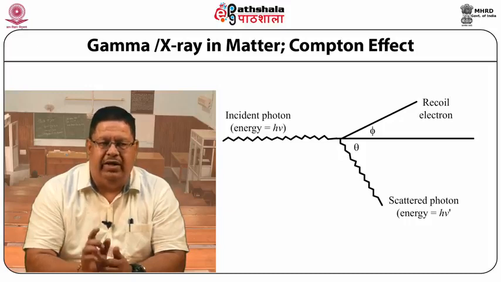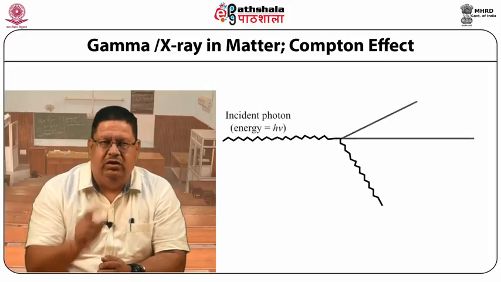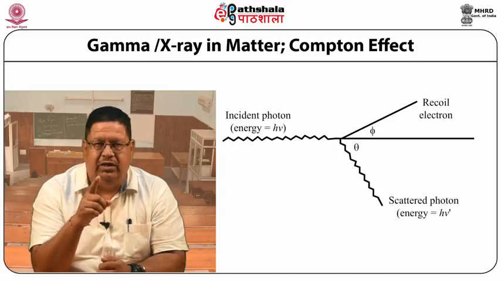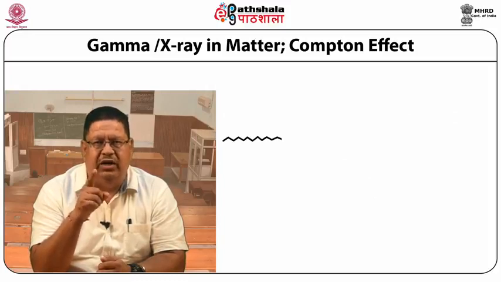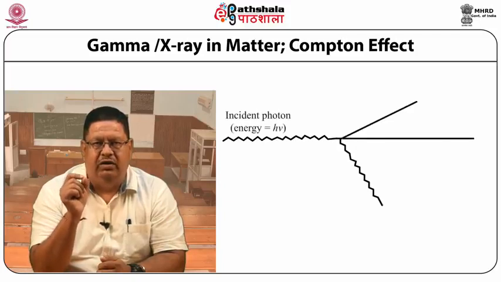We know that when gamma rays interact with matter, they do so via three different processes: the photoelectric effect, the Compton effect, and pair production. In this slide, the Compton effect kind of interaction is given: scattering between a gamma ray photon and a free electron of the absorber. This is what happens in the Compton effect.